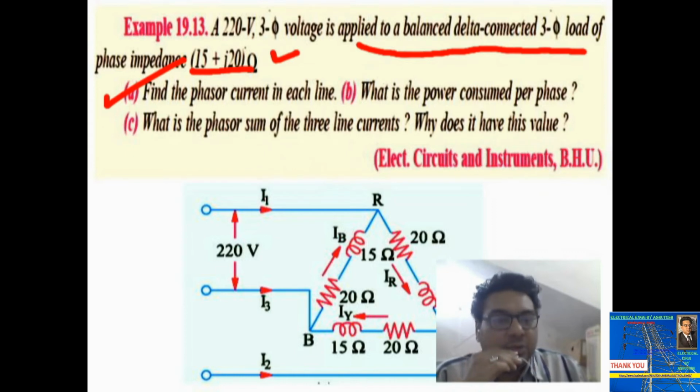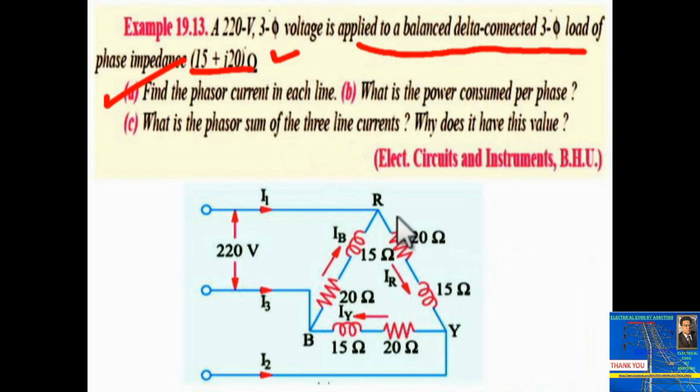So guys, see here, this is the delta circuit, and each phase of this delta circuit consists of 20 ohm resistance and 15 ohm reactance. So 20 plus j15, each leg consists of this per phase impedance, equal to 20 plus j15 ohm.